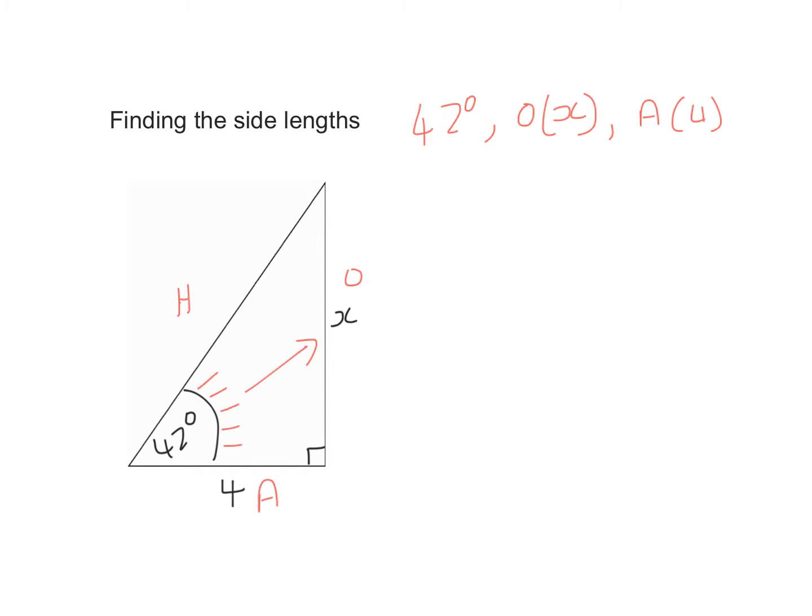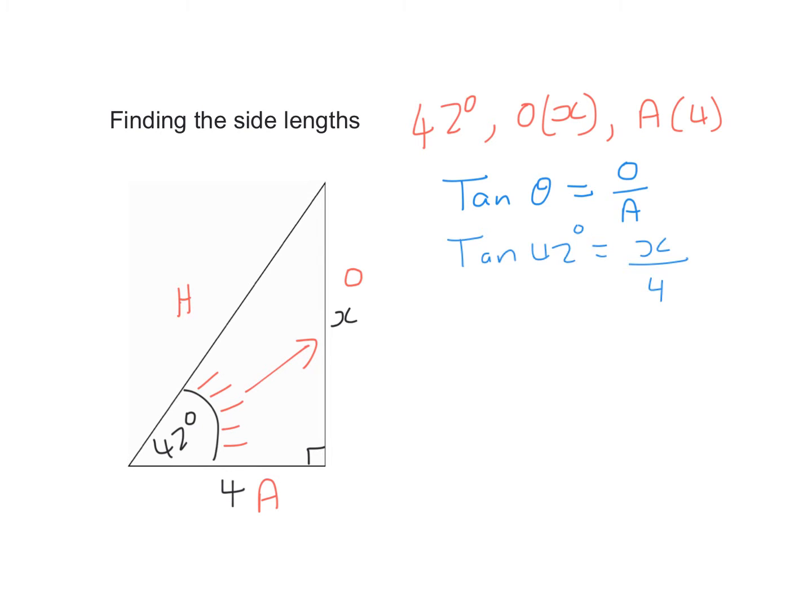So, which trigonometric ratio uses opposite and adjacent? Well, opposite and adjacent happens to be the tan rule. So tan of theta equals opposite over adjacent. So I now fill all my information in. So I've got tan of 42 degrees equals my opposite, which is my pronumeral x, over my adjacent, which is 4.